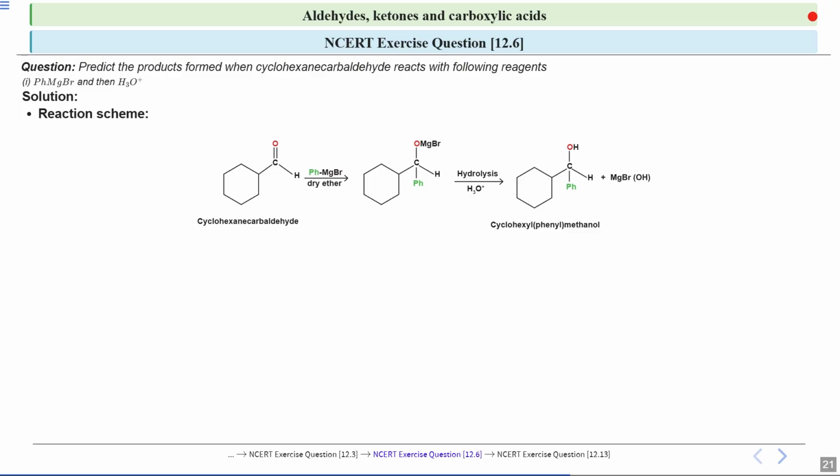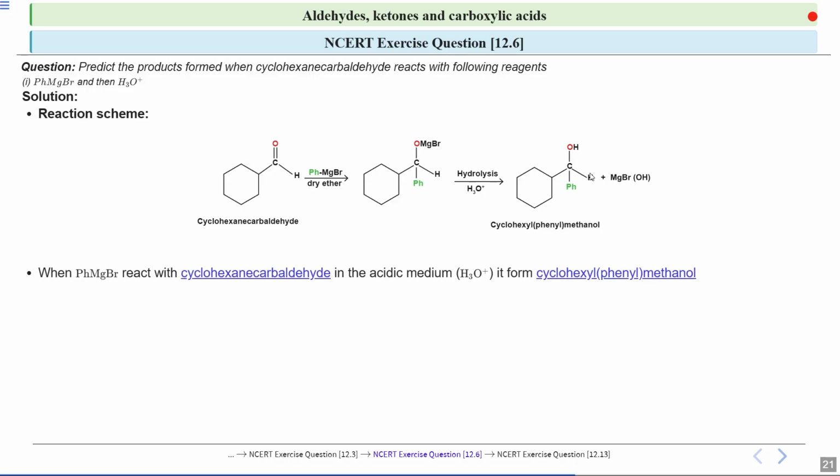When cyclohexane carbaldehyde reacts with the Grignard reagent, the phenyl group from PhMgBr adds to the carbonyl carbon of the aldehyde. So this phenyl group gets attached to this carbon of the aldehyde. After the acidic workup, you get an alcohol.